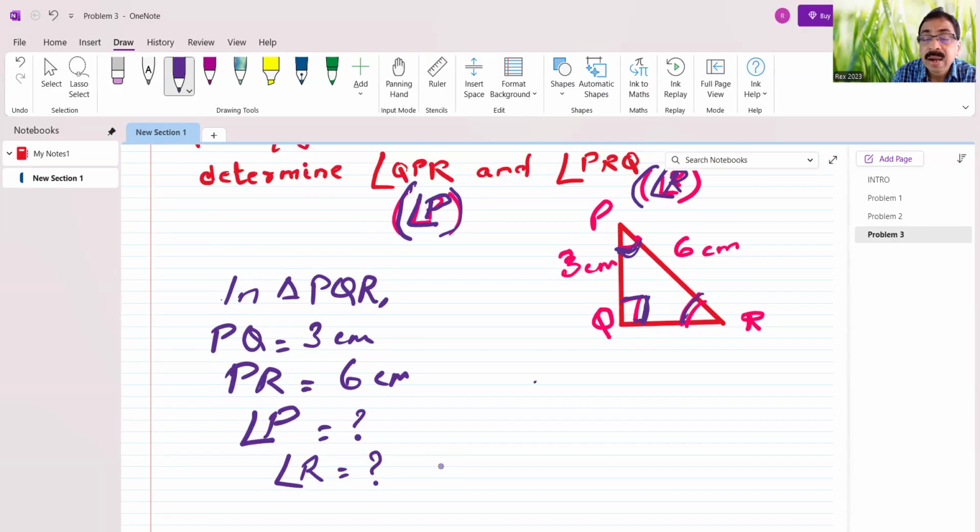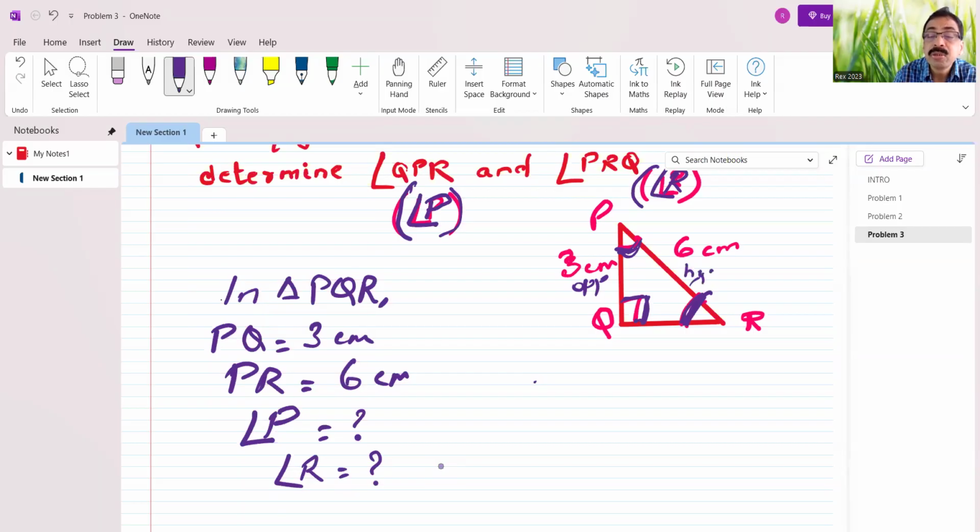I'm going with angle R, and I have a particular reason for it. From the perspective of angle R, I see sine R is equal to opposite by hypotenuse. So for angle R, this is opposite and this is hypotenuse.